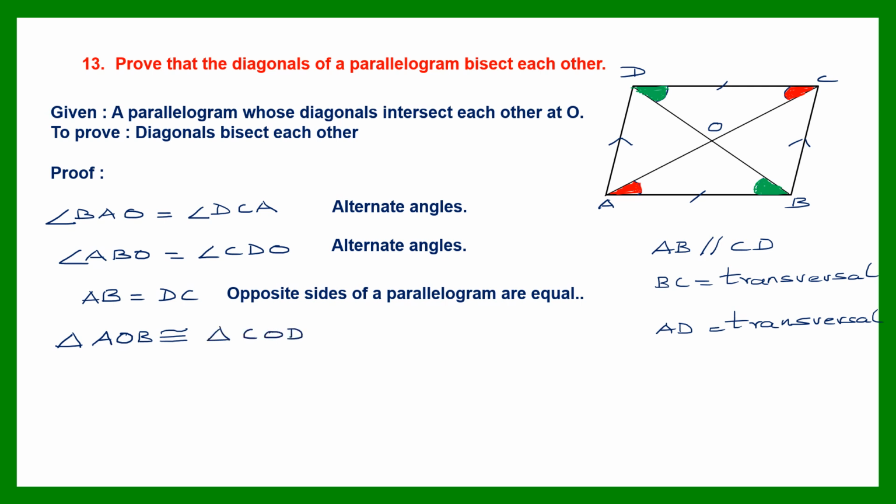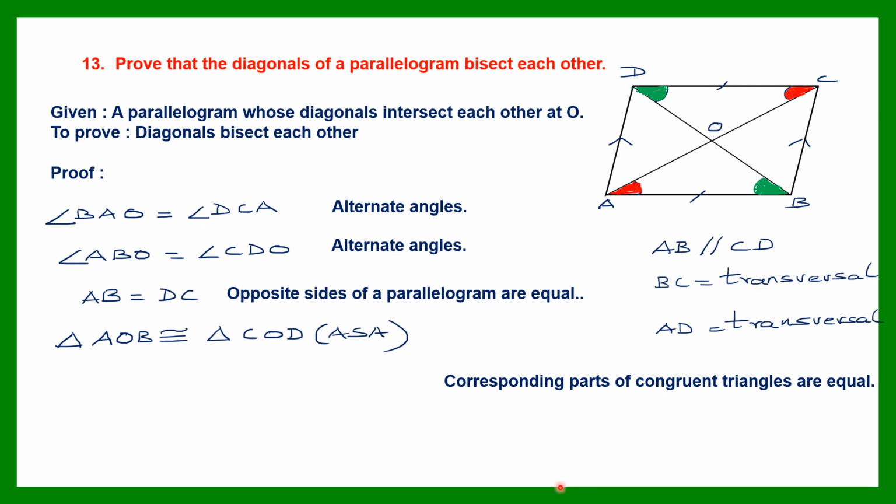And what is the reason? This is on the basis of angle, side, angle. And because they are congruent triangles, the corresponding parts will be equal.